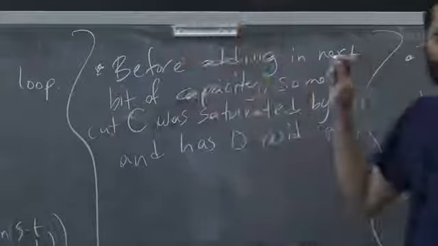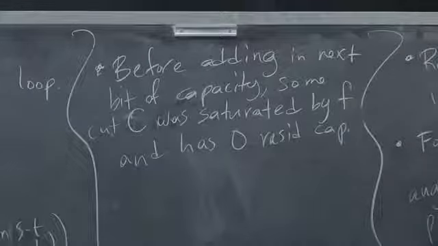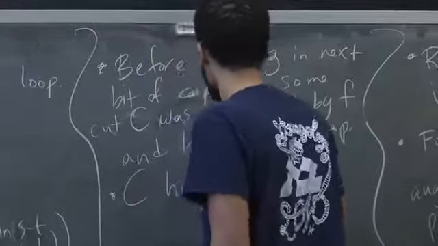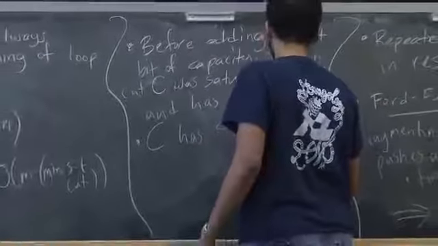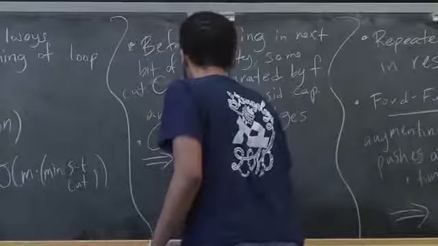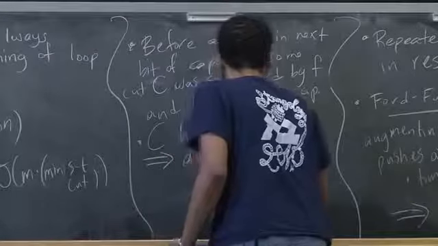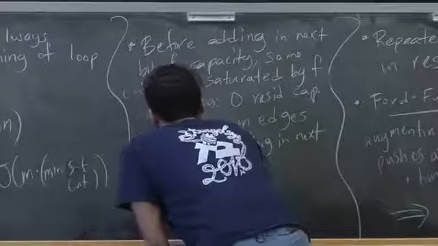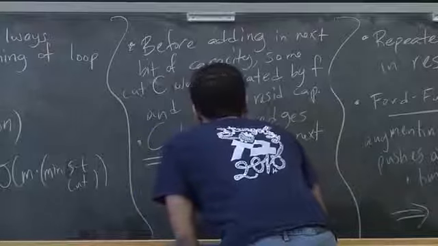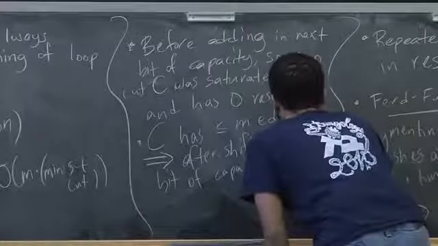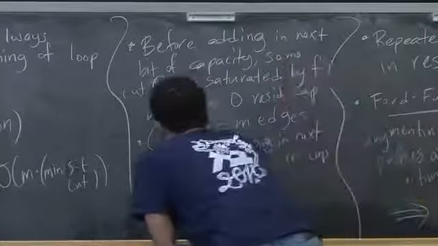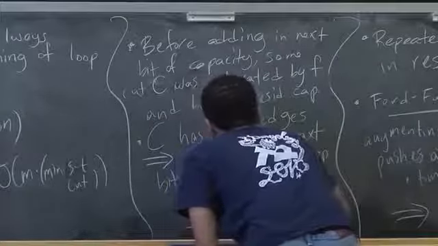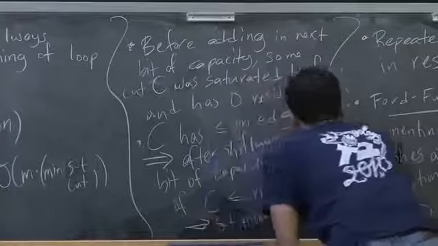Do I have a scribe for today? Oh, you're scribing, good. Right, so some cut C has 0 residual capacity, and C has certainly at most m edges, which implies after shifting in the next bit of capacity, the residual capacity of C is at most m, which implies that the min cut is at most m.